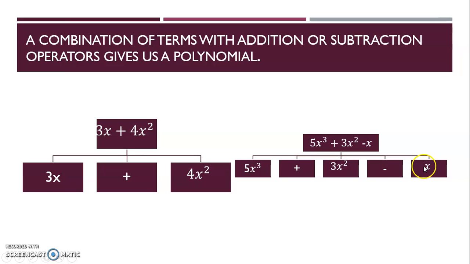So here we can see x is 1 into x, 4x square is 4 into x into x. So when you add or subtract terms, that gives us a polynomial. So terms are the building blocks of polynomials. Just like how we make houses from bricks, polynomials are made of terms.